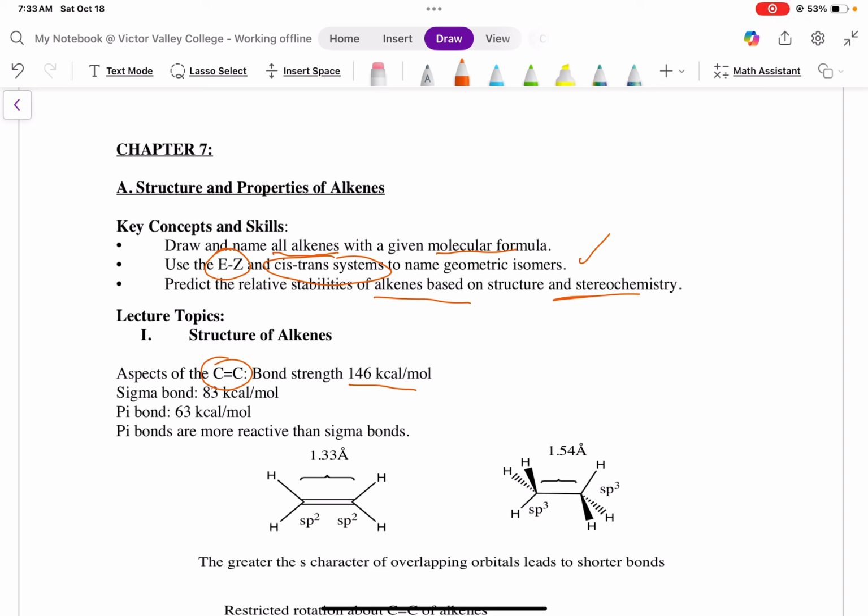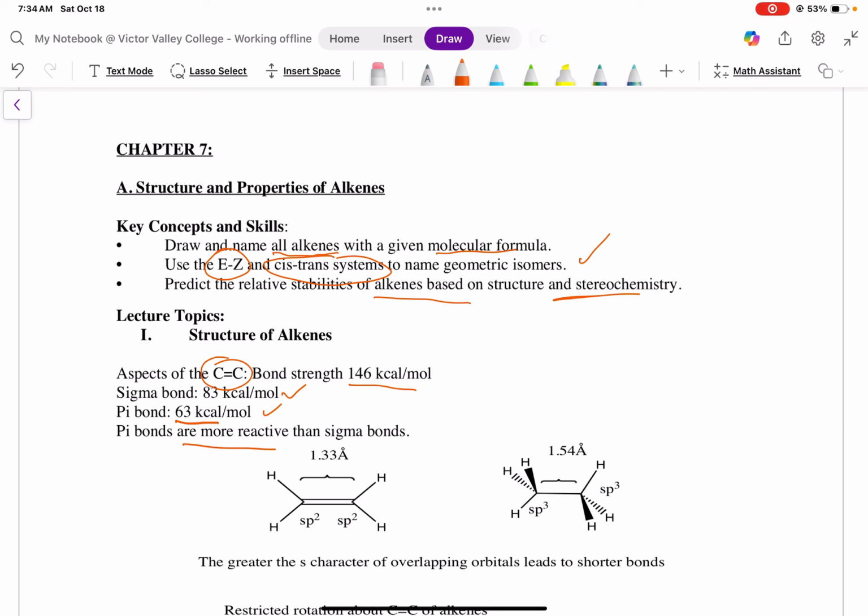Notice the sigma bond is a little bit stronger than the pi bond, 83 versus 63. So a less stable pi bond means more reactive. If anything happens, it's going to happen to the pi bond first before you break the sigma bond.